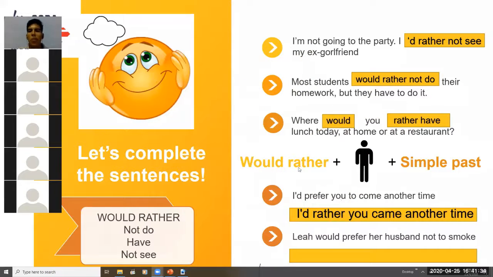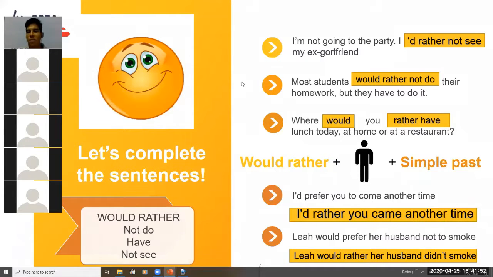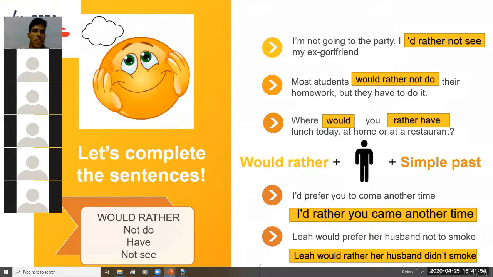Yeah, would rather plus subject plus simple past. So Leah would rather her husband not smoke. Okay, it is actually tough. Leah would rather her husband didn't smoke. Perfect. There you go. Leah would rather her husband didn't smoke. Thank you so much.